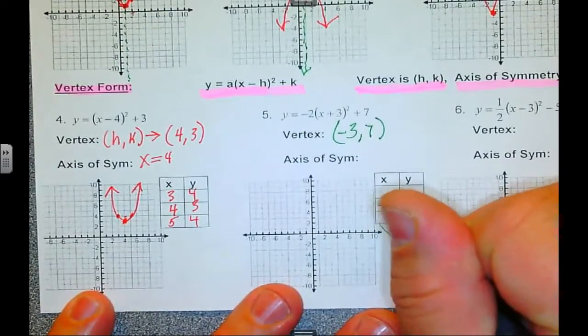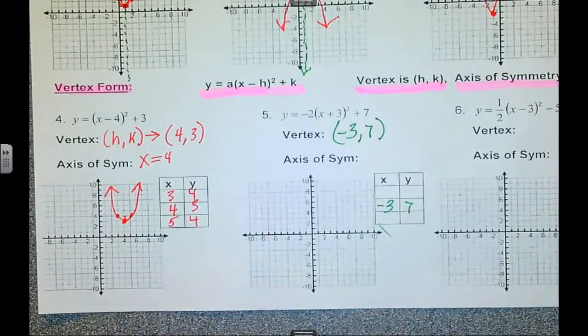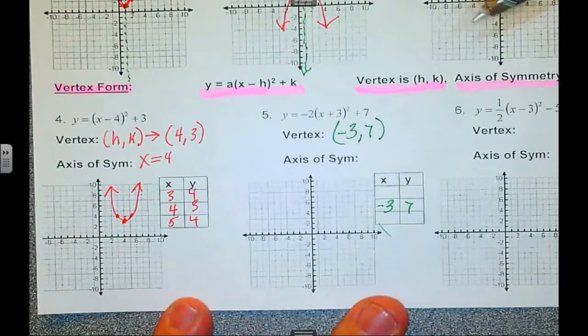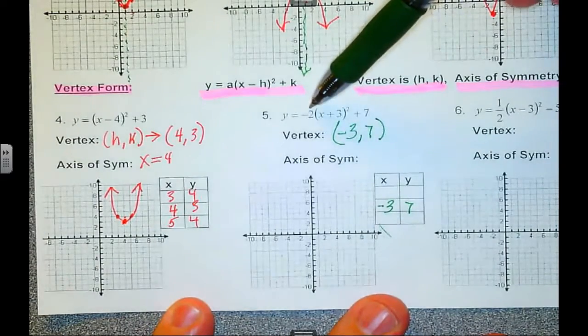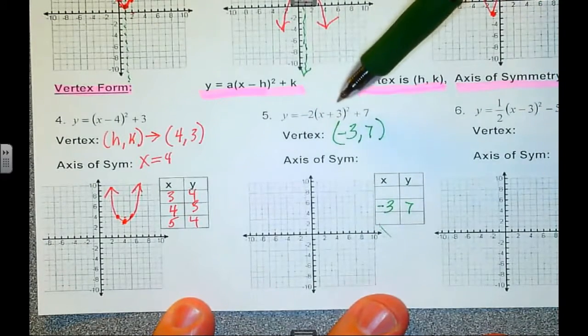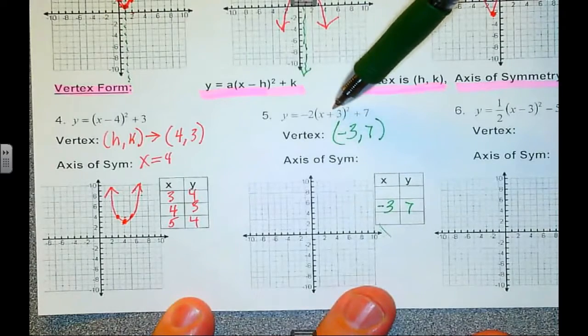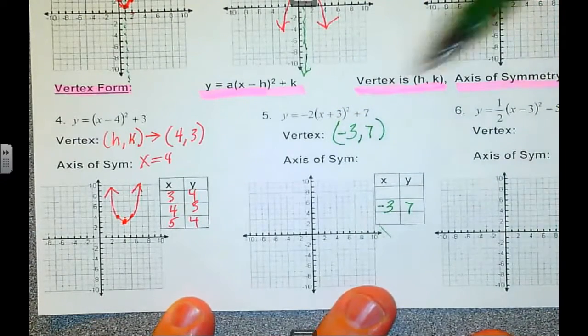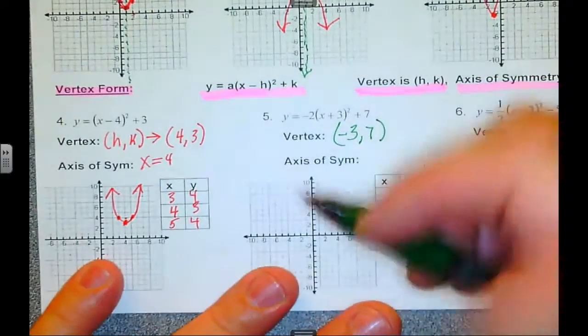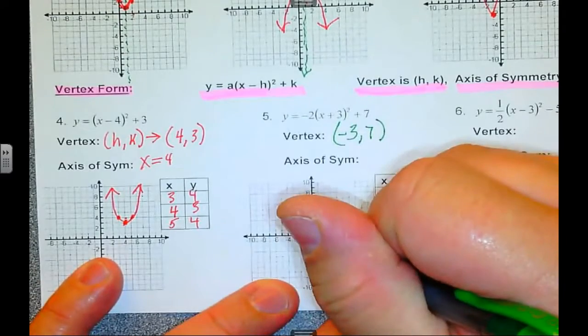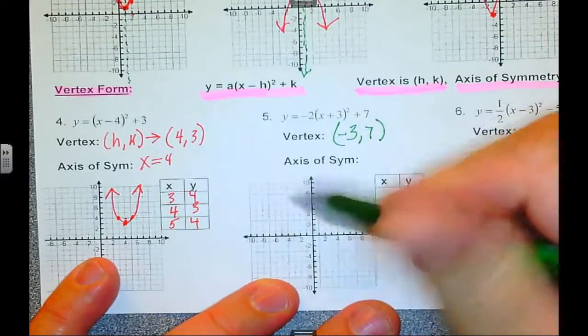Okay, so I have (negative 3, 7). I know a couple of transformations here right off the bat, right? Vertical stretch of 2. I know it's going to open downwards. From the parent function, I'm going left 3, up 7, just without even doing anything. So (negative 3, 7) is my vertex.